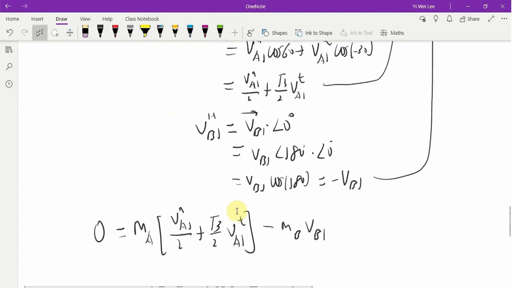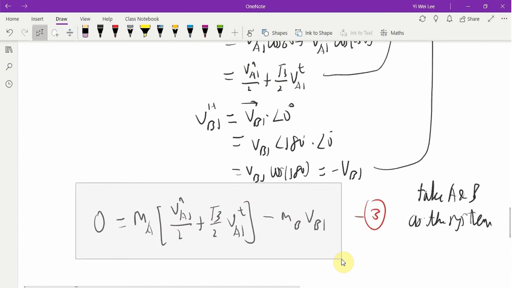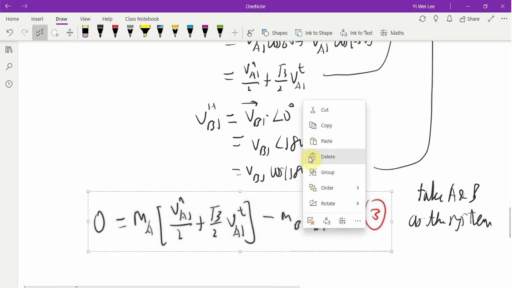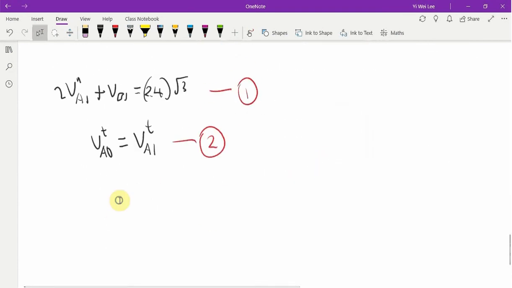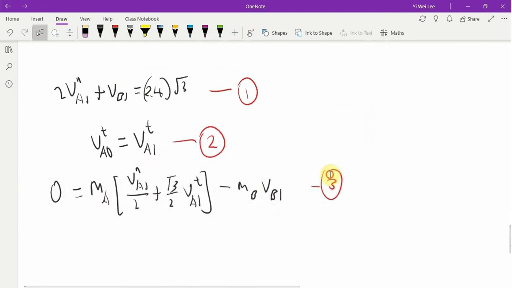And this is our third equation. This equation is what happens when we take A and B as the system. When we take A and B as the system, this is what we have. So just copy everything here. This is our third equation.